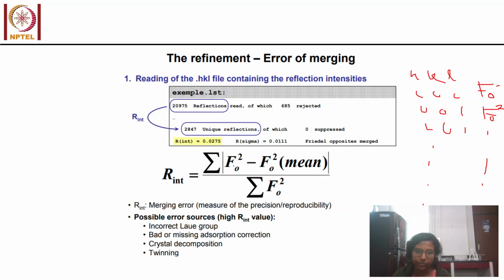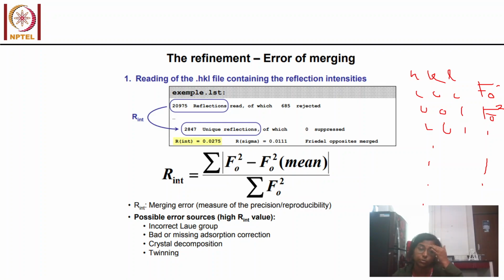Then for every reflection, I will subtract this F0 square minus F0 square mean, and I will take the summation of that and divide by, so this is kind of a normalizing thing, and this will give me my R int, right? So there can be many factors which cause a higher R int value, but that is something different.